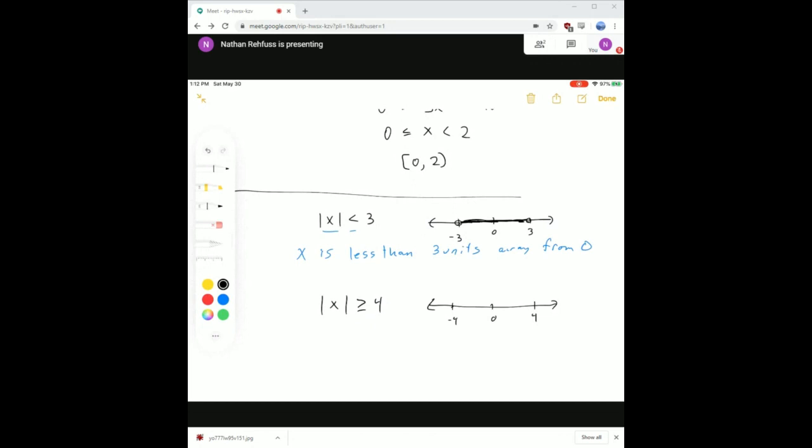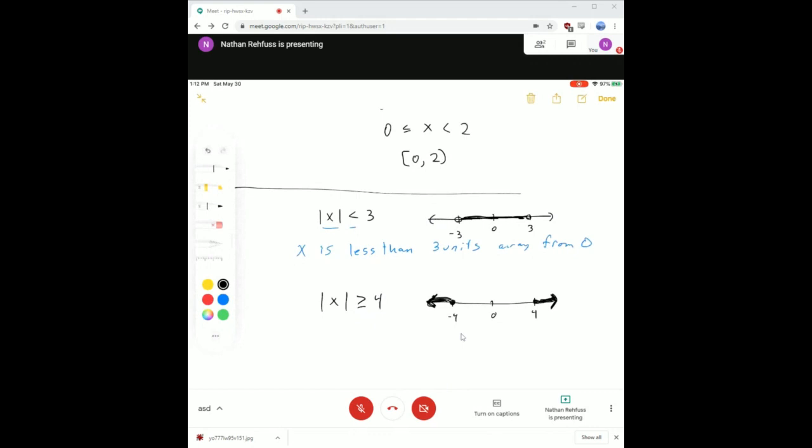X could be negative 4 or anything smaller, like negative 5, negative 6. Those have magnitudes bigger than 4. 5, 6, 7, 10, a million, a billion. Those have magnitudes bigger than 4. So these are my solutions. X could be any of these numbers or any of those numbers. So an upper bound is like a leash, a lower bound is like a restraining order.